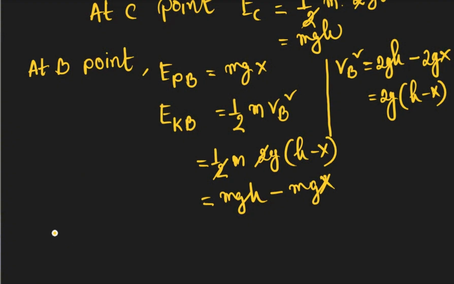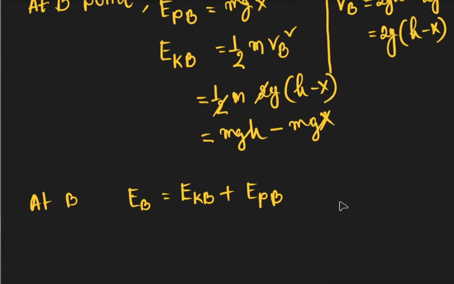So at point B, the total energy, let's say EB, is equal to EKB plus EPB. Now it's time to plug in the values. EKB means mgh minus mgx, plus the value of EPB, which is mgx.